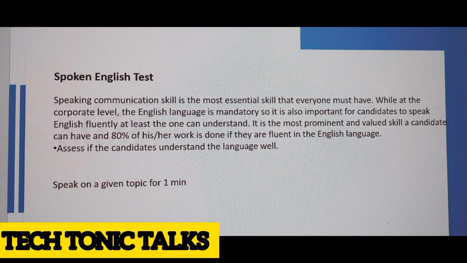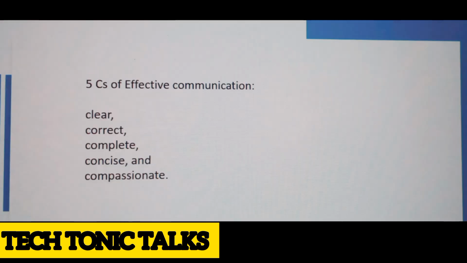So these are some of the sections that will be covered as part of the communication assessment. Yeah. Now it's very important to understand what you need to do so as to qualify this assessment. So basically there are 5 C's of effective communication: clear, correct, complete, concise, and compassionate.